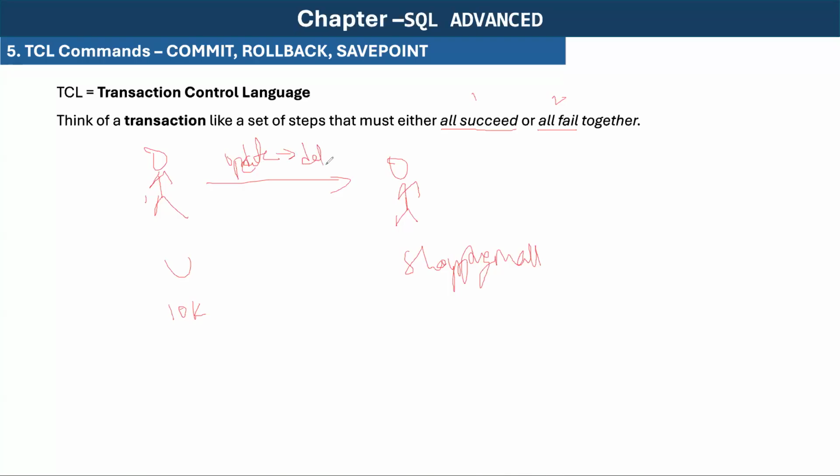First, the debit operation is done: from your account, the amount will be debited. Then one more operation happens, again an update, where a credit operation needs to be done. Two update queries need to be done. This is transaction one and this is transaction two.